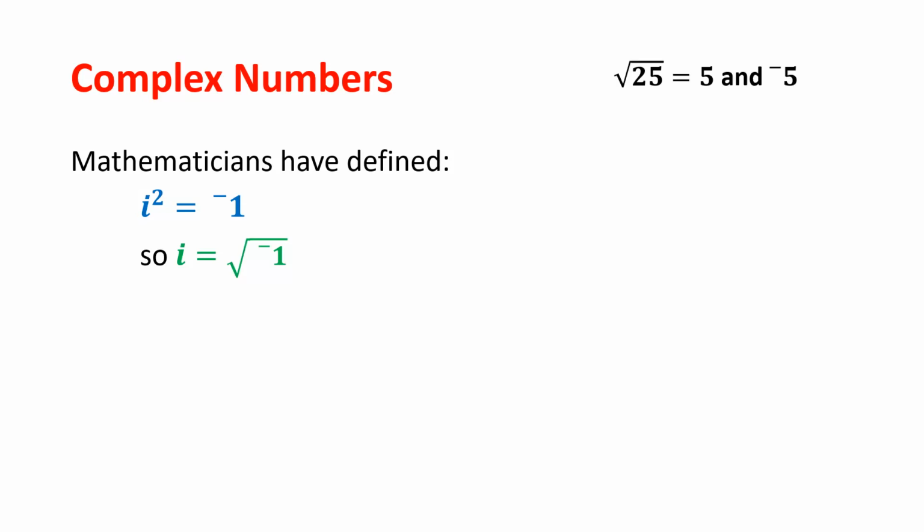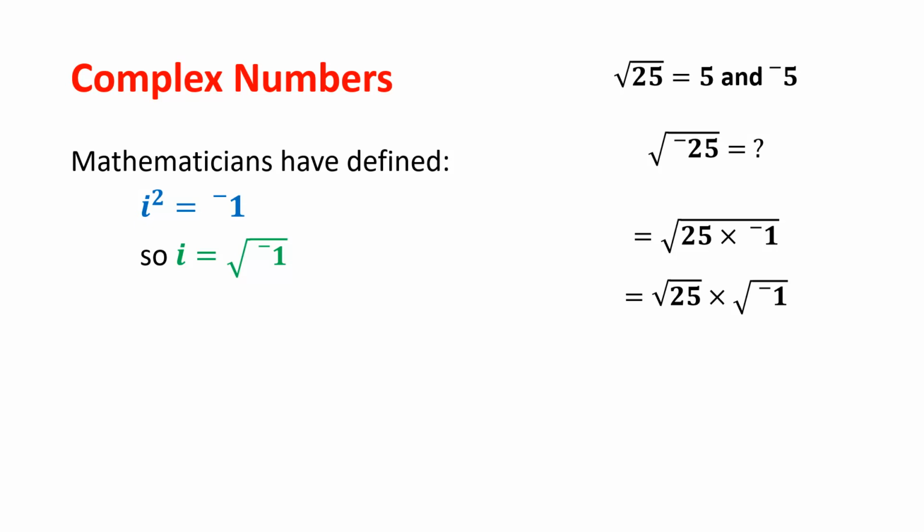We know for years that for the square root of 25, there are two solutions. But we've never been able to take the square root of a negative number, up until now. We could take the square root of negative 25 and write it as the square root of 25 times negative 1. And we could use our surd notation property and break it up into the square root of 25 times the square root of negative 1.